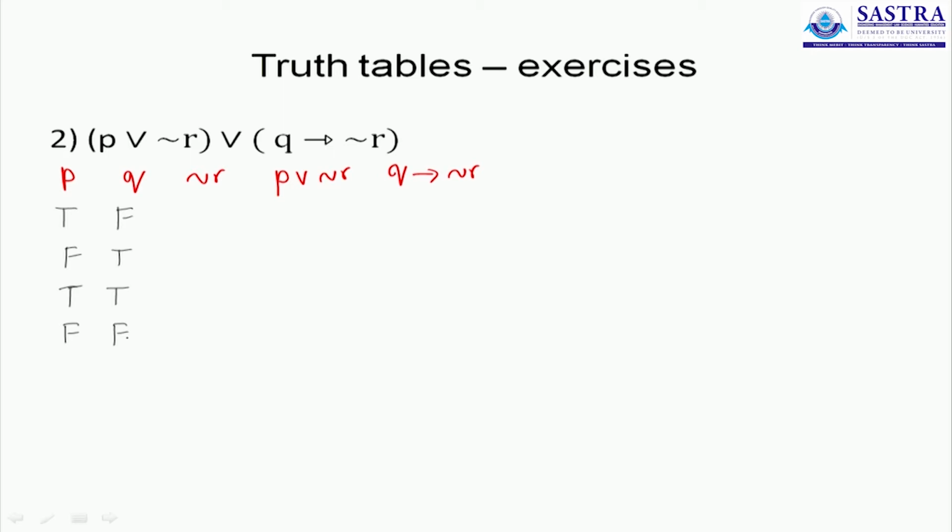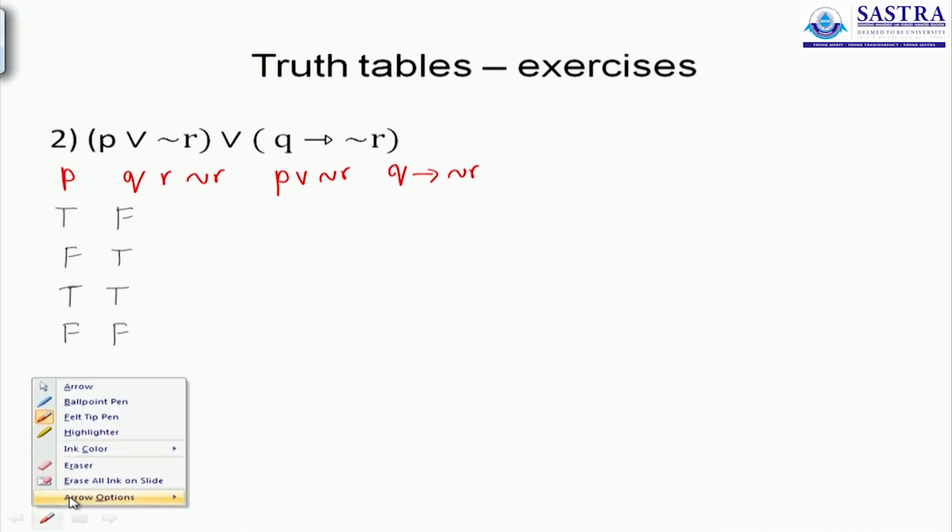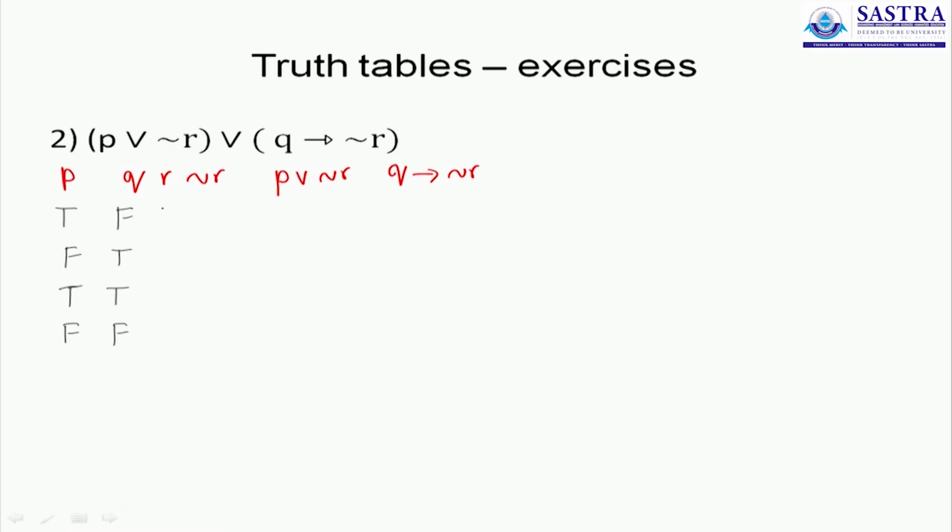Now, to include the R, let's first write down the value of R as true for all these 4 sequences, and then repeat the 4 rows again, but this time with a false value. So negation R will mean that we will just flip these answers around.